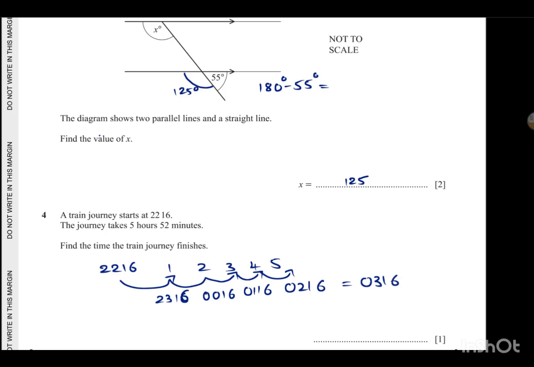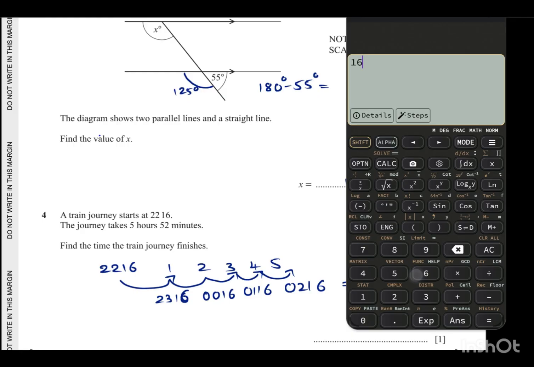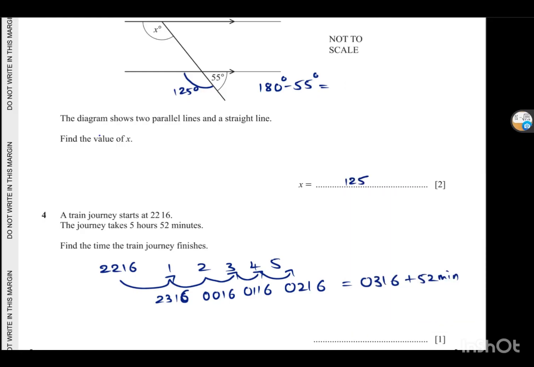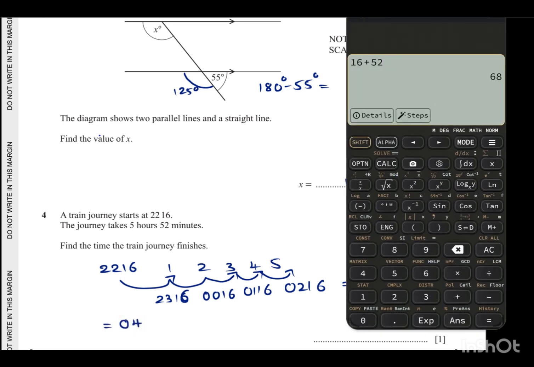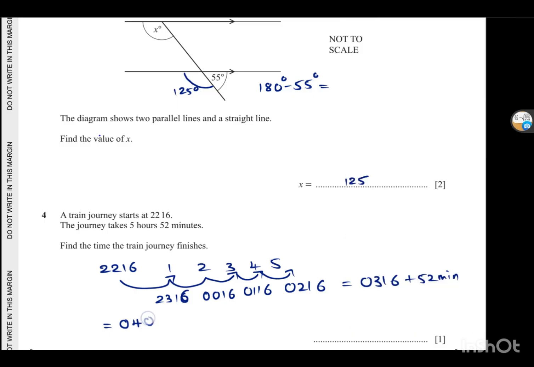This is 3:16 a.m. Then if I add 52 minutes, 16 plus 52 is 68. That is 1 hour 8 minutes. So that 1 hour can be added to the hour place, that is 4, and 8 minutes left. So 0408 will be the answer.